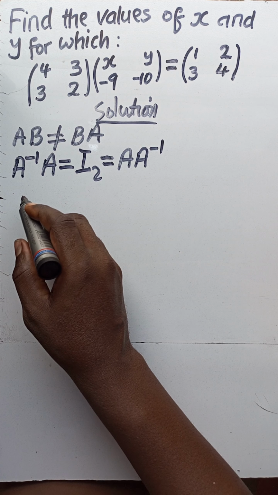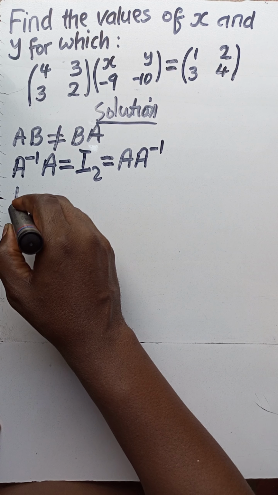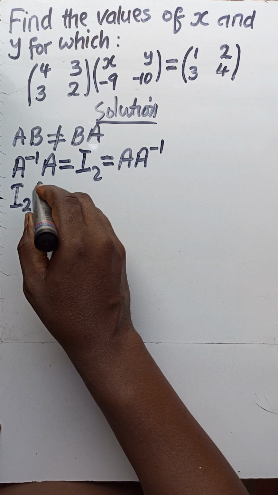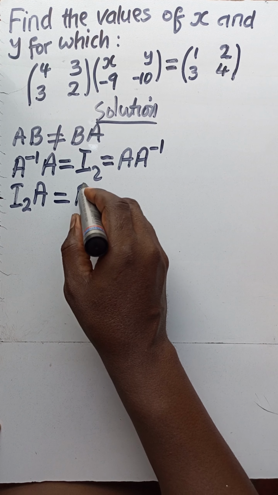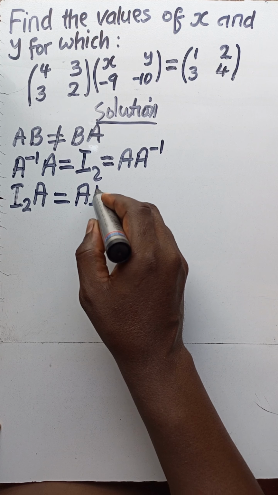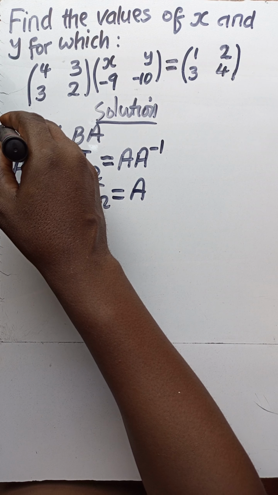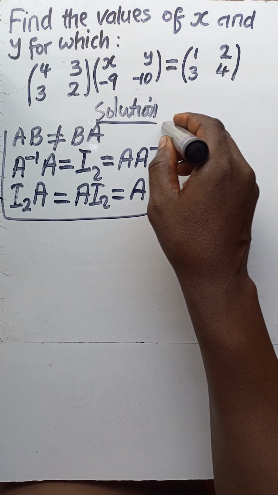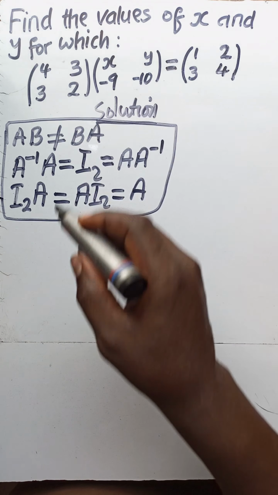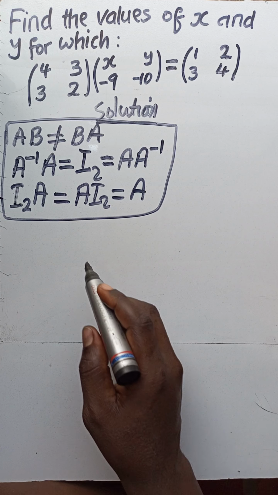Then we also need the notion which says that the identity matrix multiplied by any matrix will give us the same result as that matrix pre-multiplying the identity matrix, and the result is the matrix itself. So we're going to need these three notions to be able to solve for the value of x and y.